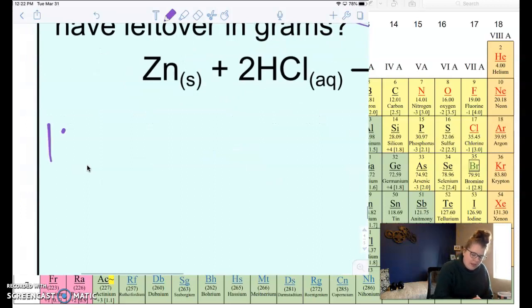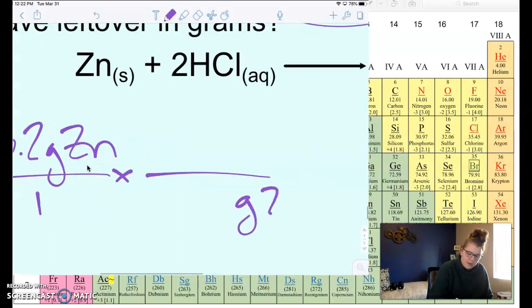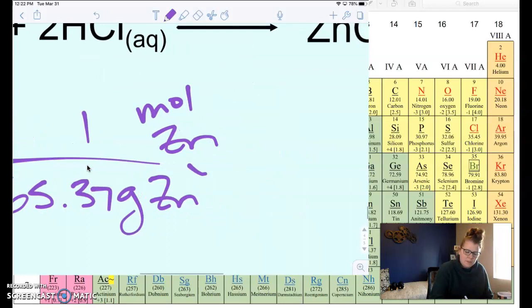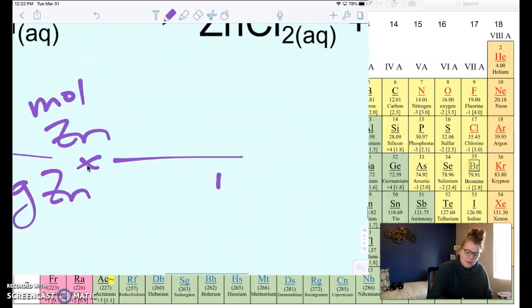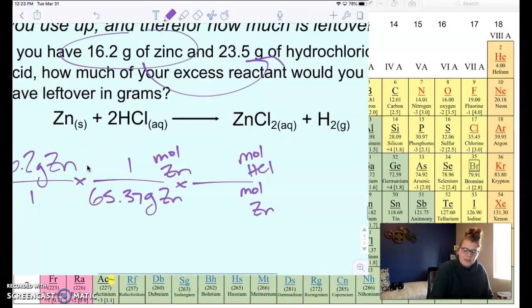So we've got our 16.2 grams of zinc. Put that over 1. Convert our grams of zinc to moles of zinc using our molar mass, which is 65.37 grams of zinc in 1 mole of zinc. Then we're going to do our mole ratio. So moles of zinc, and now I'm going to go to moles of hydrochloric acid. Why?